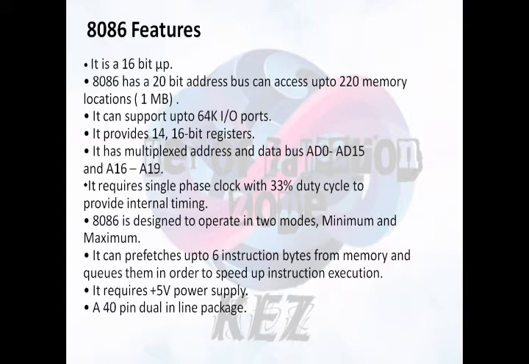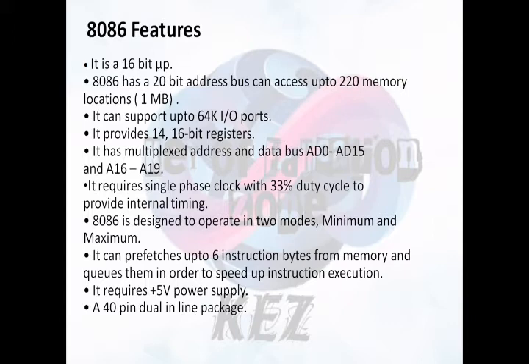Getting the difference, I think. Next, it has multiplexed address and data buses, which are AD0 to 15, that means total 16, as well as A16 to 19, that means there are also 4. I told you that it has 20 address buses. Got it? It requires a single phase clock with 33% duty cycle to provide internal timing.